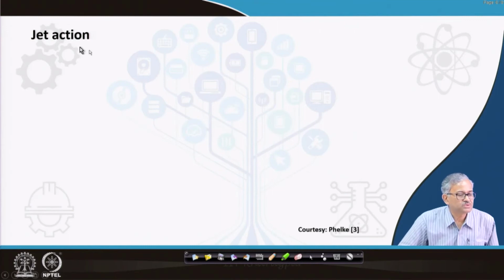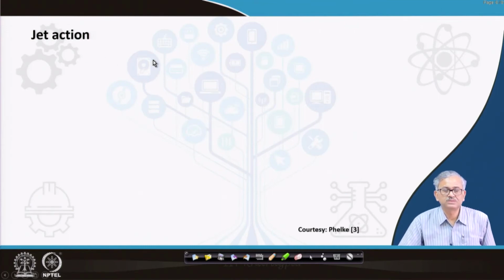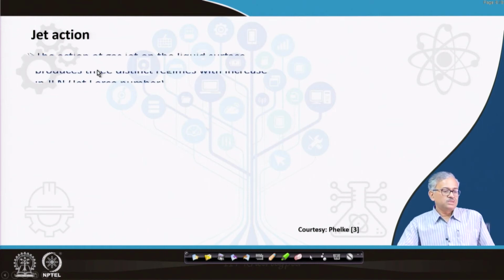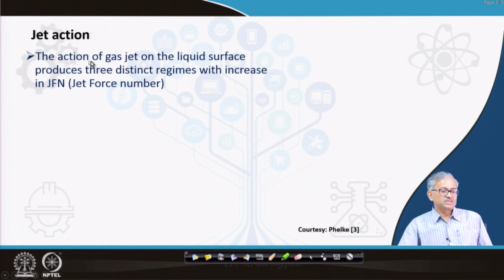Okay. So, let us consider the jet action now. Now, we have generated a supersonic jet, a supersonic core along with the subsonic core. Finally, it hits the bath and makes an impact. Now, we need to see that the action of the gas jet on the liquid surface produces 3 distinct regimes with increase in the JFN, the jet force number.